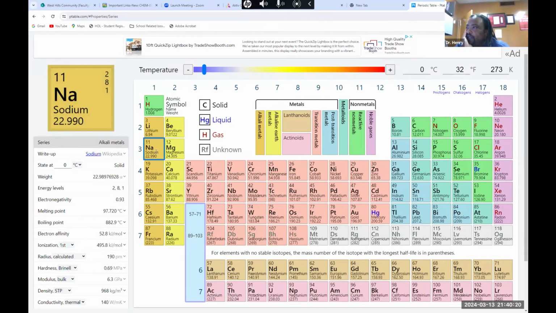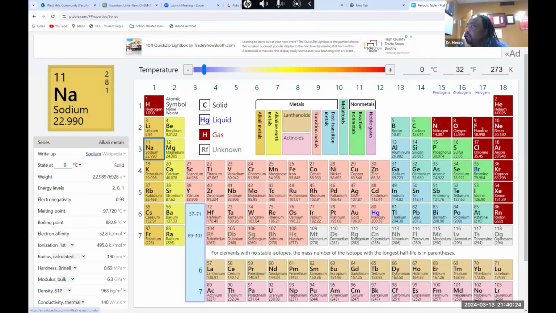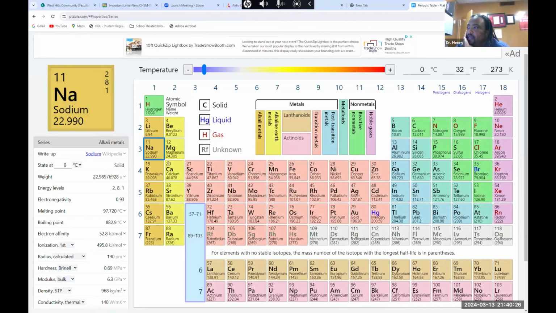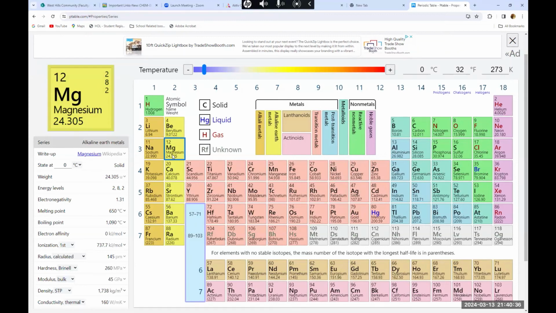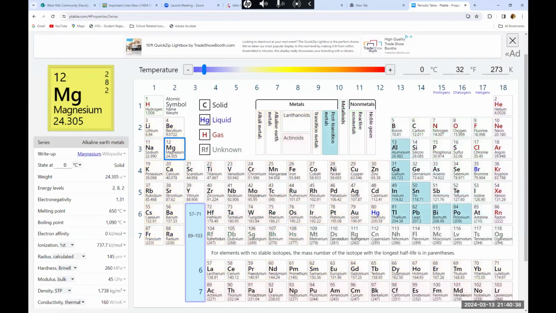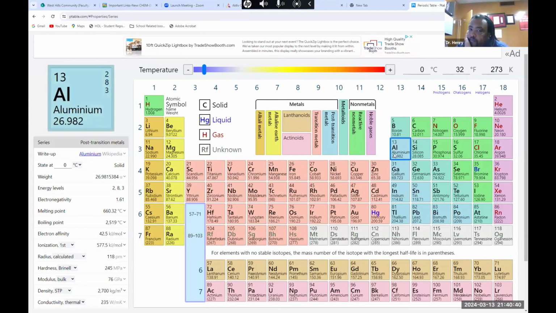So this guy is going to end up being sodium plus because it's going to lose 1 to be like neon. What about magnesium? How many electrons does it need to lose or gain to be like a noble gas? Lose 2. What about aluminum? 3. Okay.